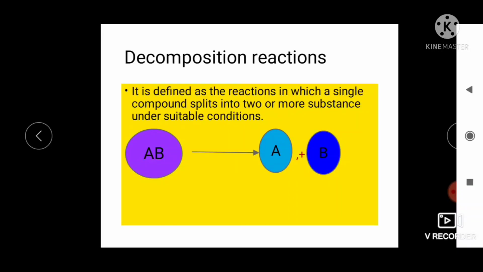Decomposition reaction. It is just the opposite of combination reaction. In combination, a substance is formed as a result of chemical combination, while in decomposition, it breaks into new substances. It is defined as the reaction in which a single compound splits into two or more substances under suitable conditions.